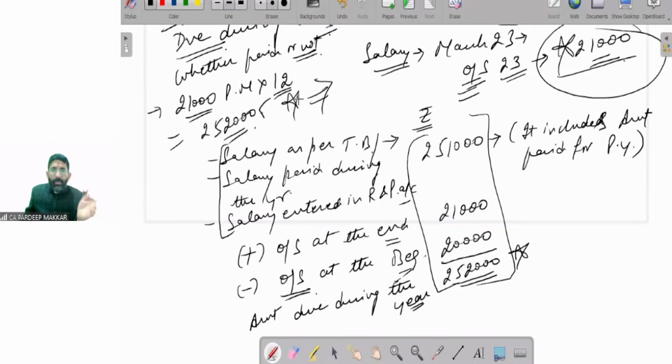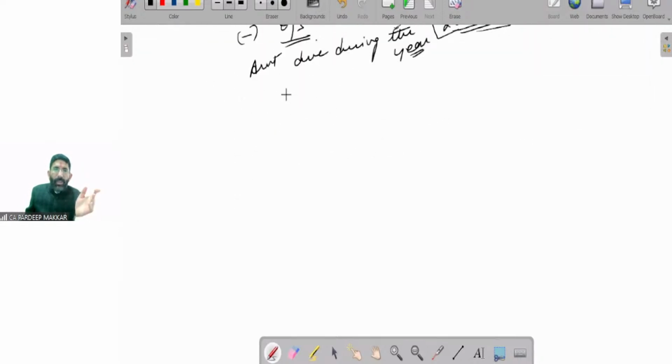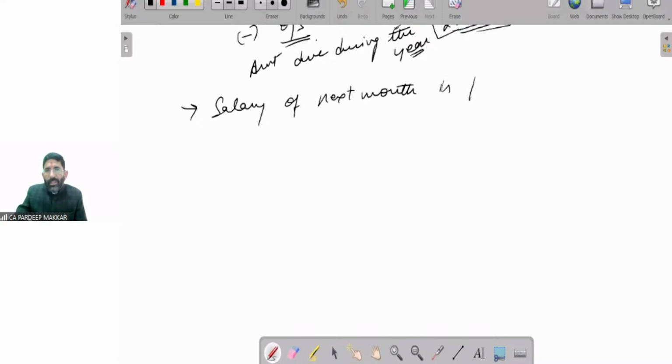And if any prepaid is given to us, then what we have to do? The same way we have to go for the prepaid expenses. Like if he says salary, in the above example, if you add one more point, that salary of next month is paid in advance.